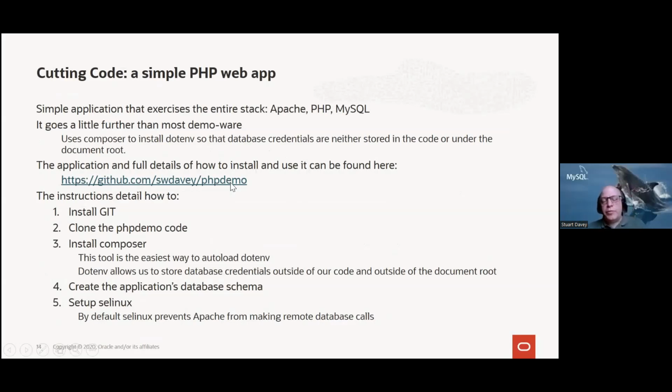If you store your database credentials inside the document root, you are at risk of somebody being able to navigate that structure because it's all public and actually get your database credentials. So what I've put together is a little application that you can clone and download from GitHub. I've got the link there, and it will go through all the instructions that you need to be able to deploy on this LAMP stack that we've just built.